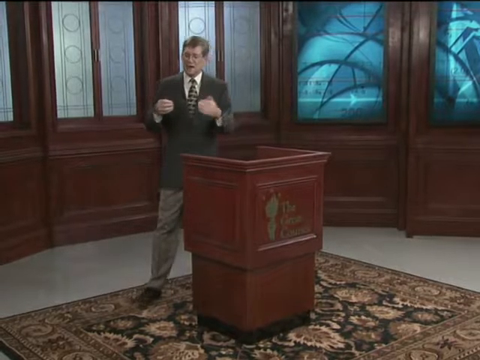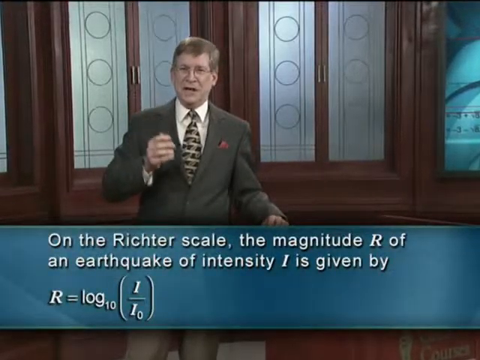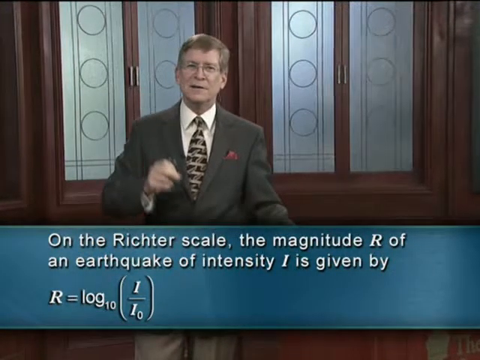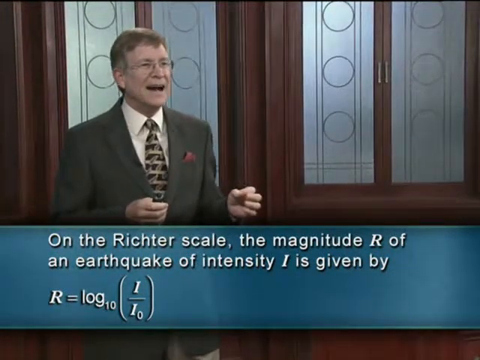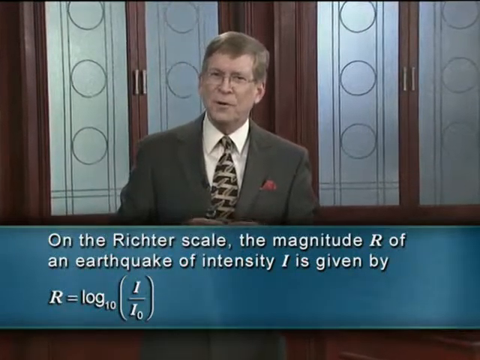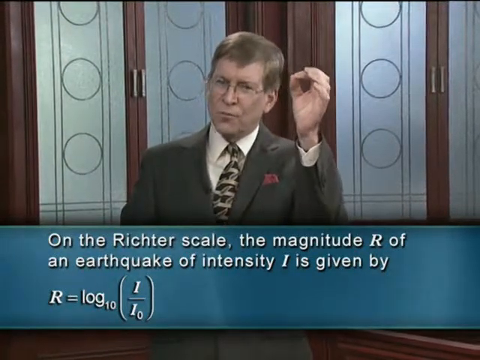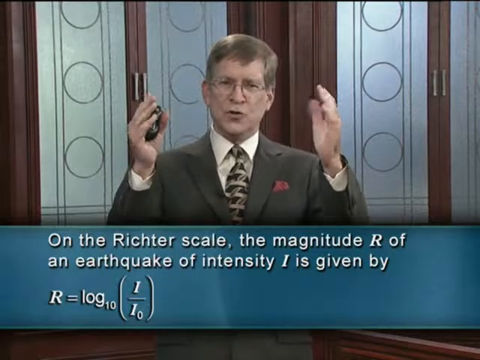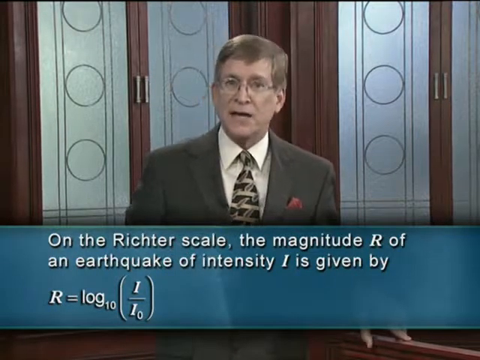Here's another area of science where logarithms come into play. If you're a geology major, or if you are curious about earthquakes, you remember that there's a Richter scale, and the magnitude R of an earthquake of intensity I is given by the following formula. R equals logarithm base 10 of the quotient I over I sub 0.